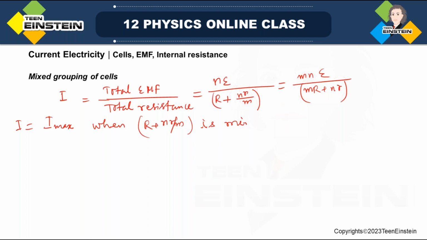How do we get this as a minimum quantity?